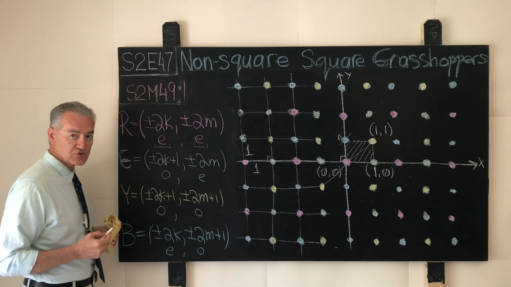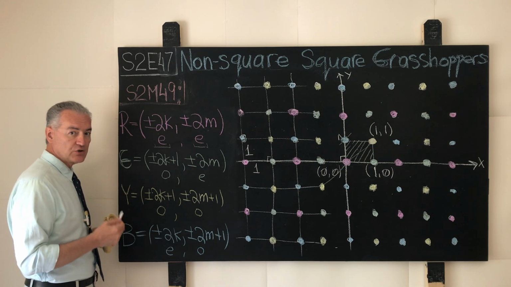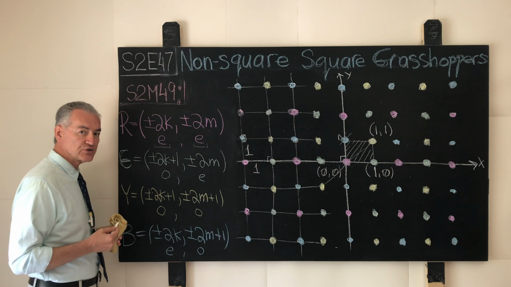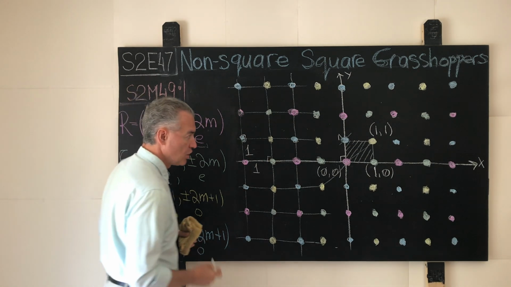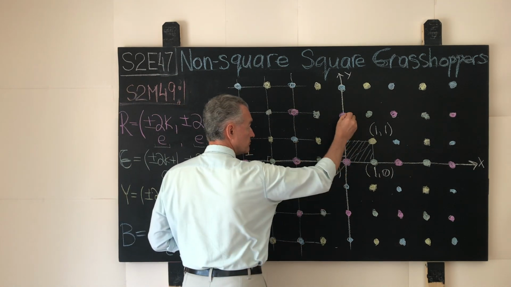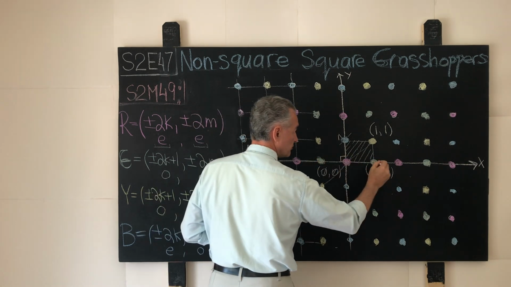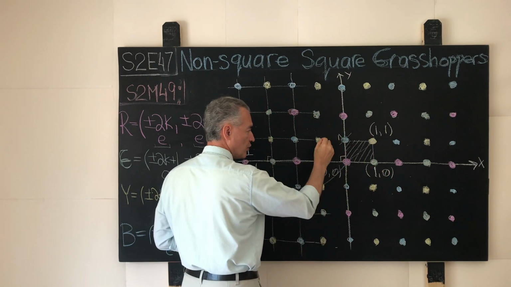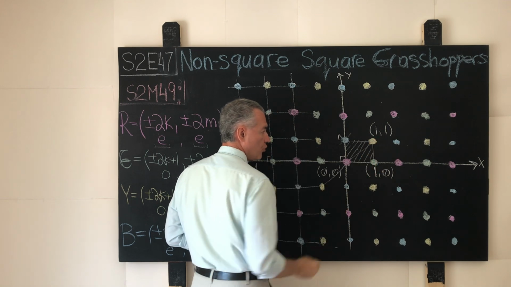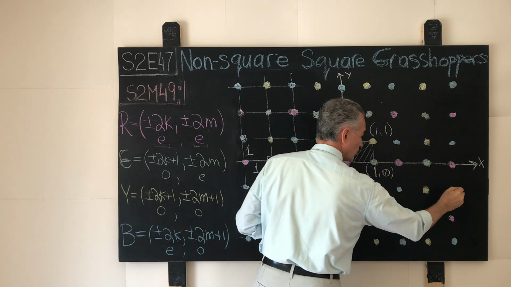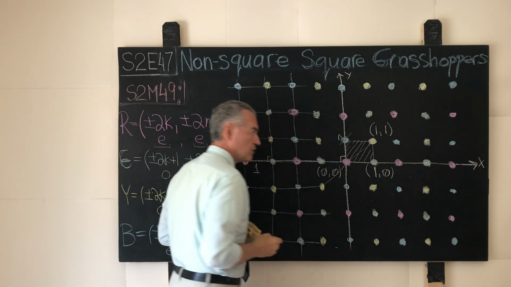Well, as we just demonstrated, each and every 2 by 2 square has all 4 vertices of exactly the same color. All 4 red, or all 4 green, or all 4 yellow, or all 4 blue.